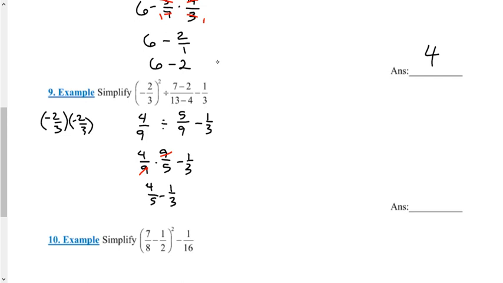And of course, fifths and thirds, those go together pretty nicely whenever we're talking about 15ths. We've got to get common denominators with these. So we'll do a 3 on bottom and top. And over here we'll do a 5 on bottom and top. So now I get 12/15 minus 5/15 is 7/15 for that one.